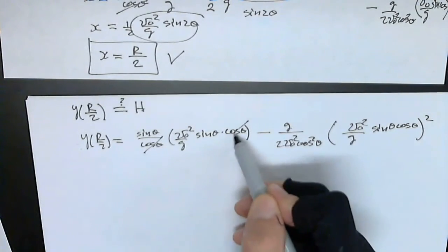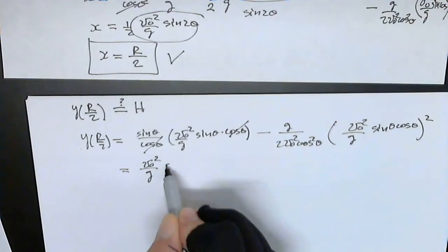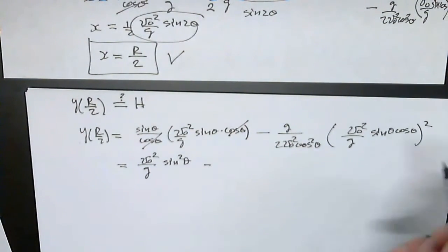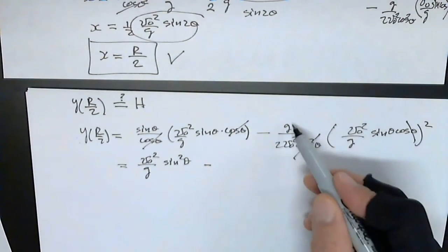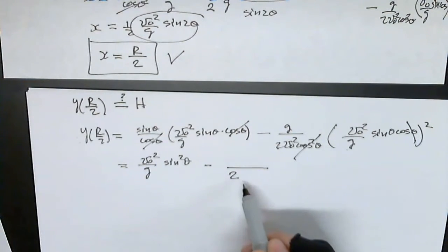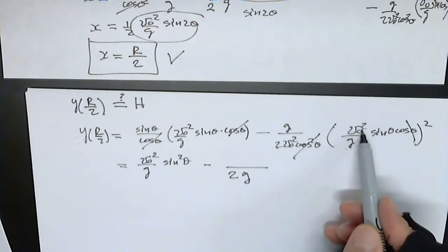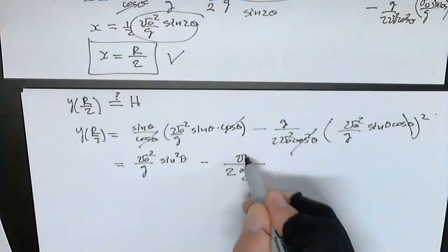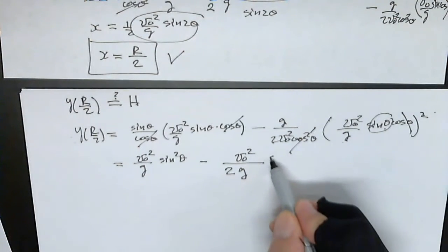Right, this cancels here. We get v naught over g sine squared, and this cosine cancels this cosine, this g cancels one g, have these two, g and g squared is g, v naught to the fourth and v naught cancel, so we get v naught squared, and the only thing left over here is sine squared.